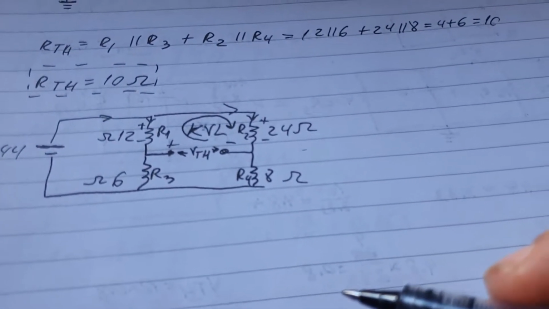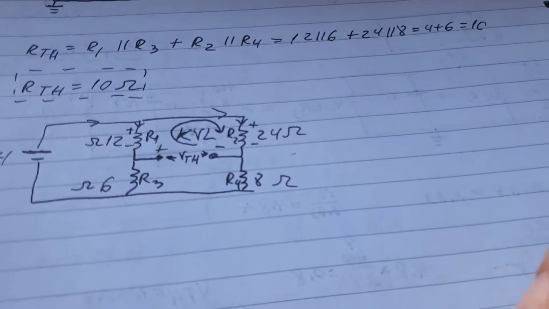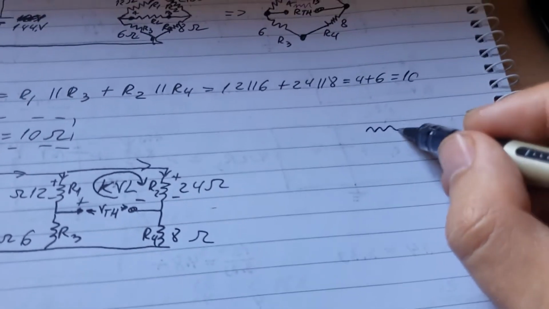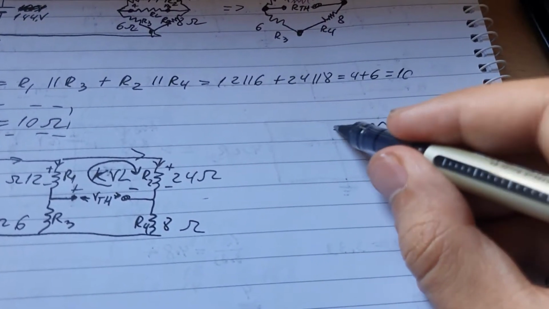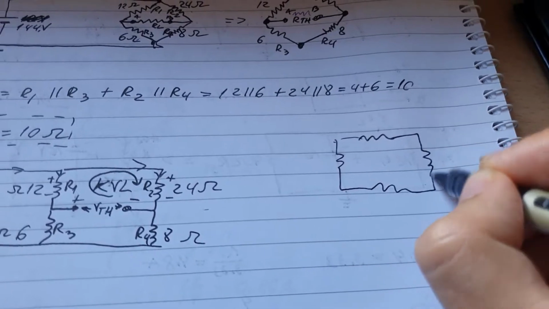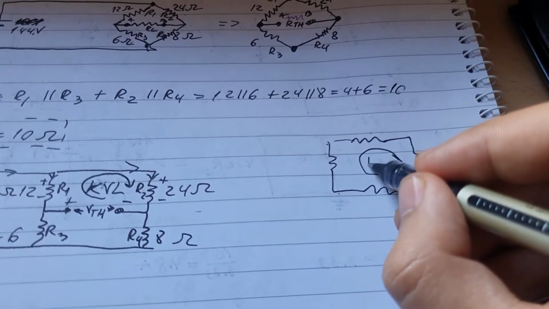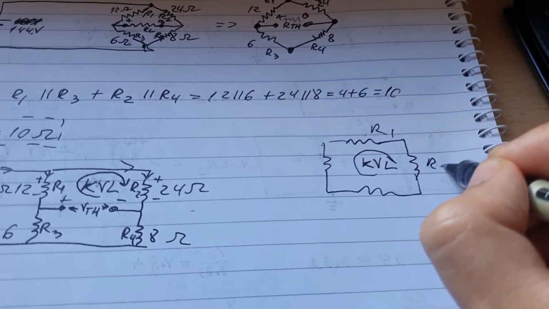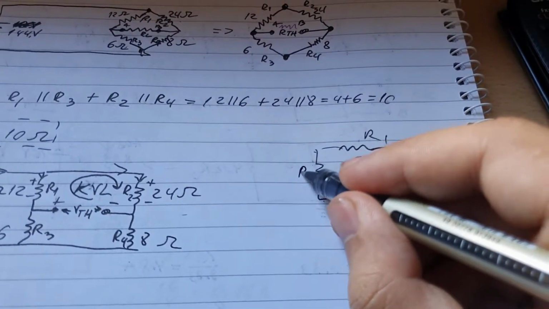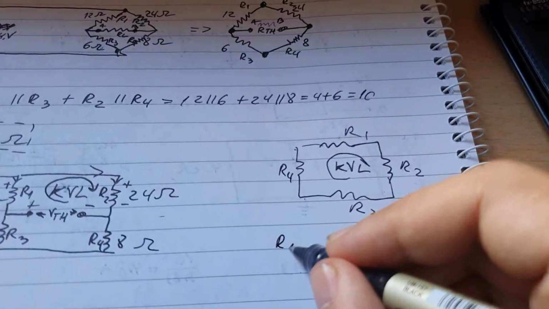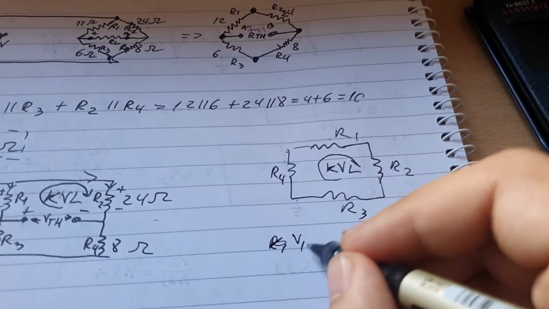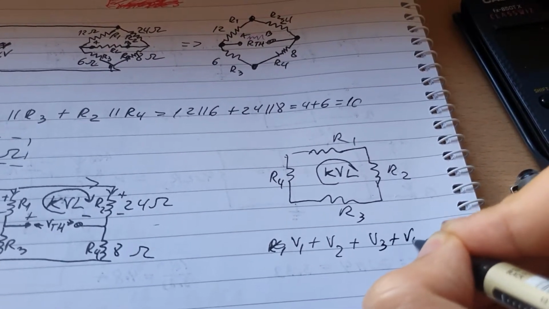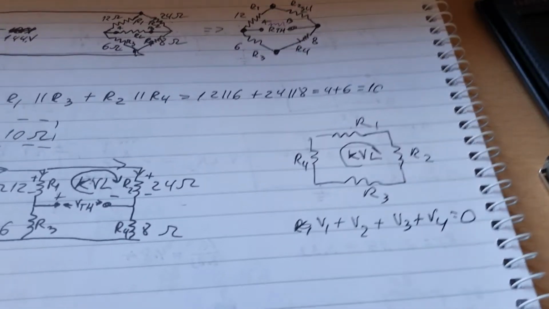Now, I didn't really explain what Kirchhoff's voltage law is. Well, basically what this law says is that, let me draw a quick diagram. So what Kirchhoff's voltage law says is that when you add all voltages, so let's say V1 plus V2 plus V3 plus V4, all of them will equal 0.